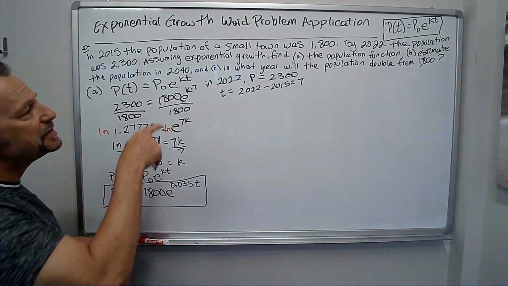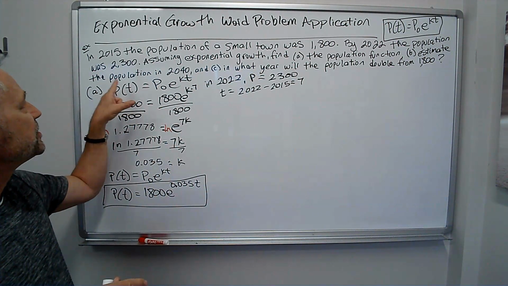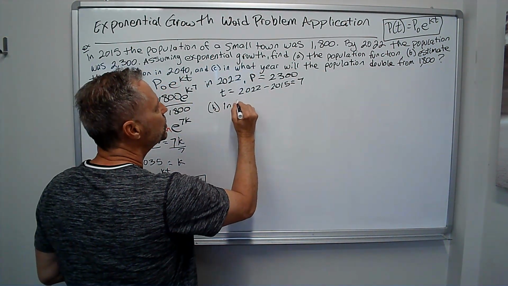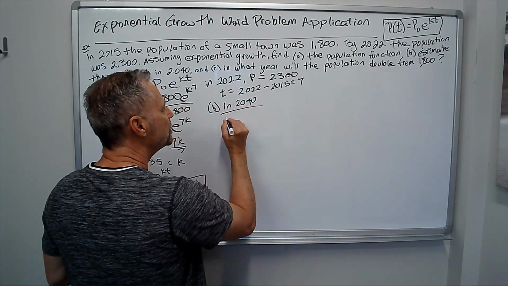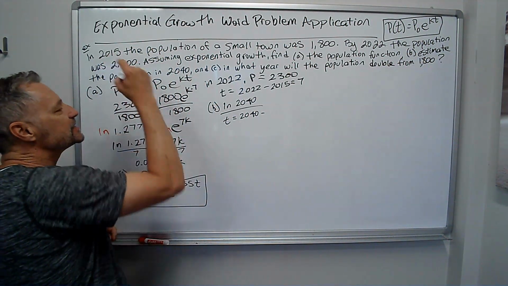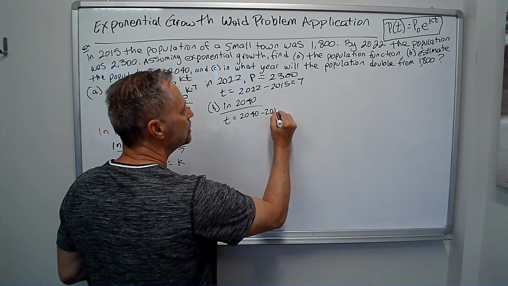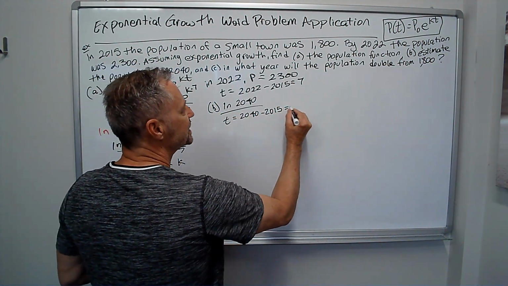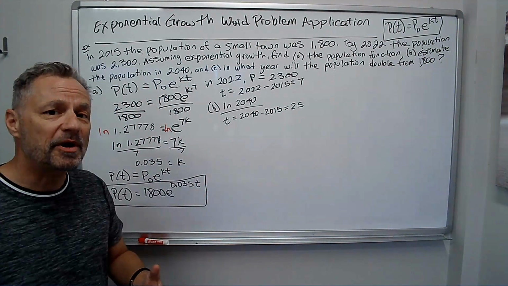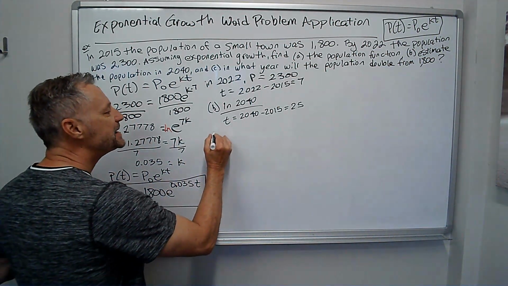Let's answer part B, which says estimate the population in 2040. So for B, in 2040, my time is 2040 minus 2015, so it's 25 years. In other words, estimate the population in 25 years. Well, that's P of 25.